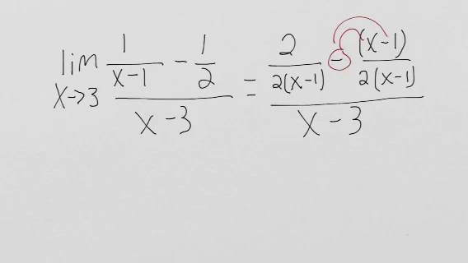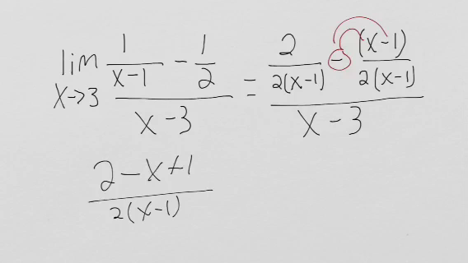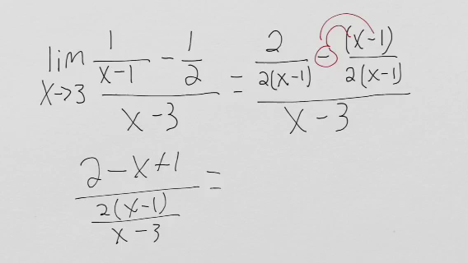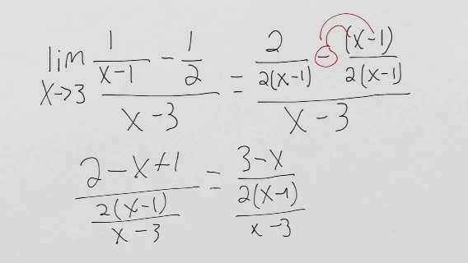So how this will simplify is 2 minus x plus 1 over our common denominator over x minus 3. So then that simplifies. We have 2 plus 1 is 3. So we have 3 minus x over 2 times x minus 1 over x minus 3. Okay, x minus 1.